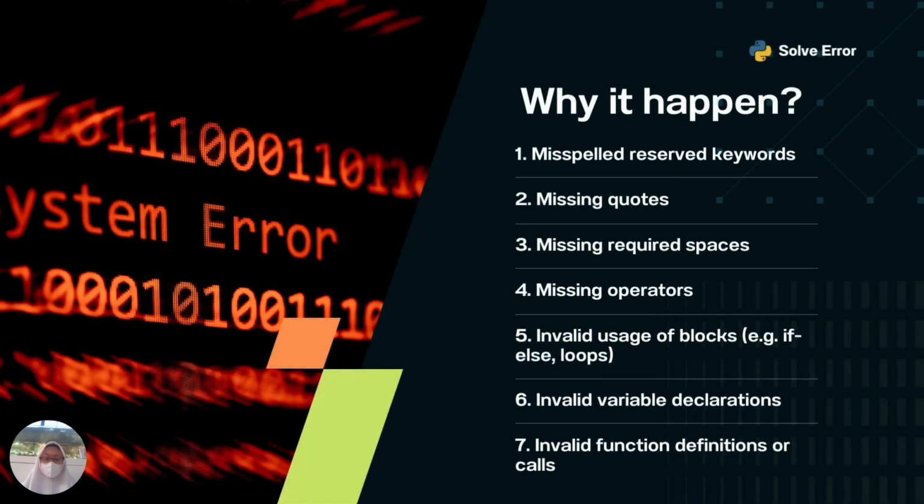What can cause it? Misspelled reserved keywords, missing quotes, missing required spaces, missing operators, invalid usage of blocks, for example if, else, and loops, invalid variable declarations, and the last one is invalid function definition or calls.